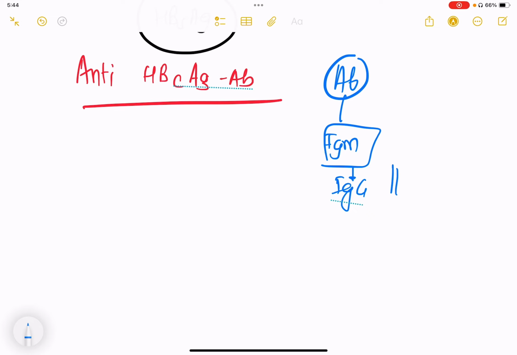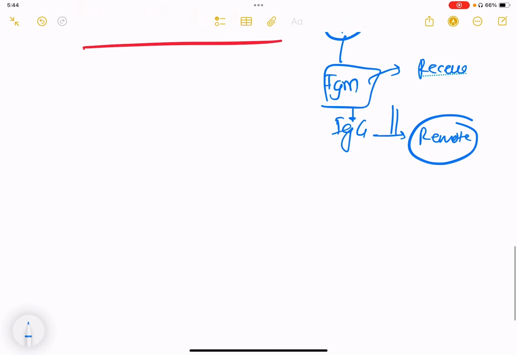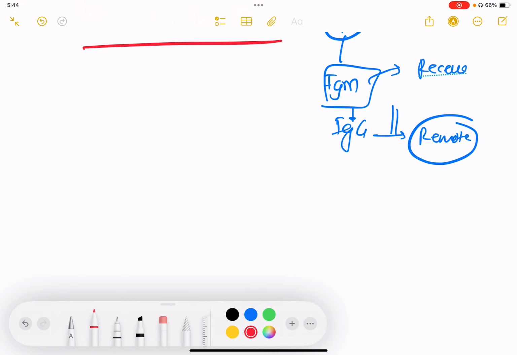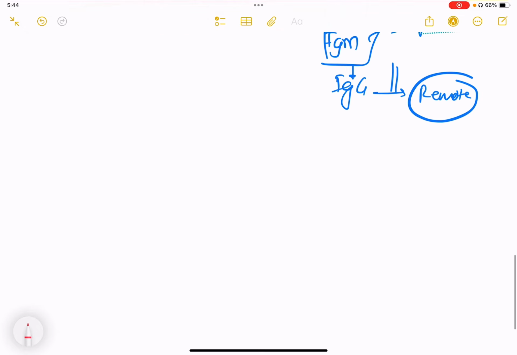If IgM is positive, it tells that the infection is recent, and if it is IgG, it tells that the patient had hepatitis B infection and has recovered from the infection and developed immunity against hepatitis B infection.